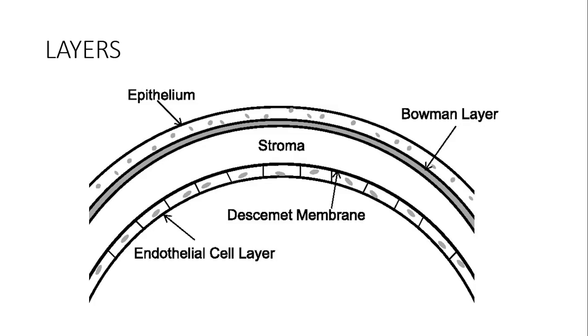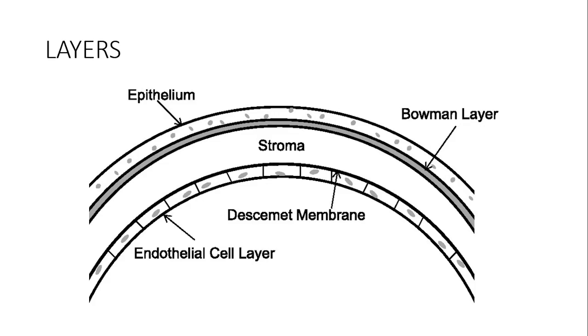It is secreted and regenerated by endothelial cells. So the Descemet's membrane is secreted and regenerated by what? Endothelial cells. In that same manner, when there is damage to the membrane, the corneal endothelial cells are able to reorganize themselves and reform it.